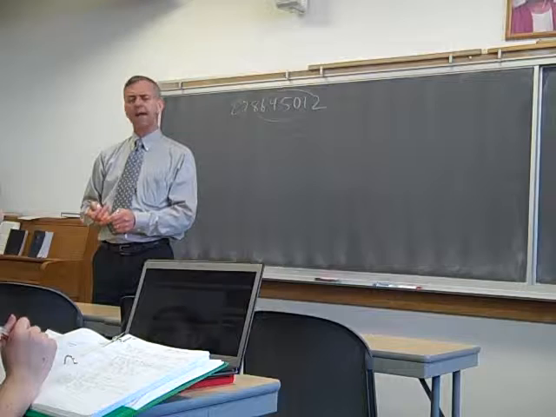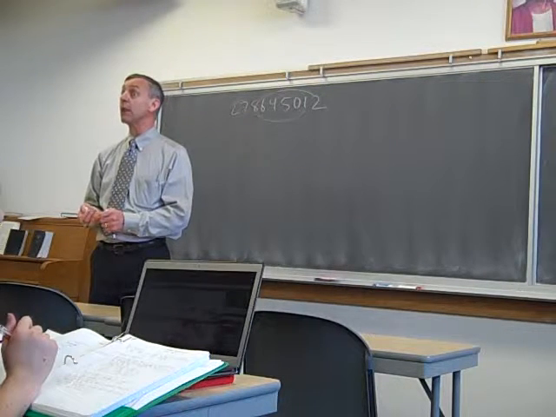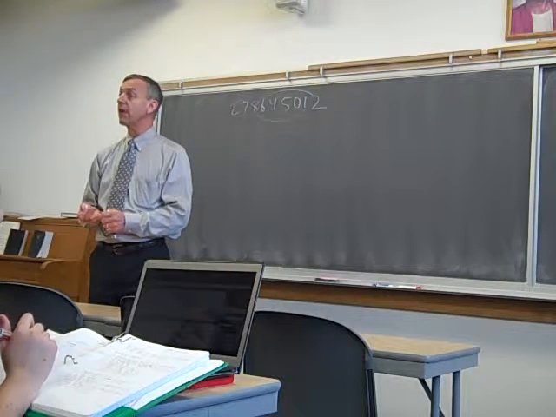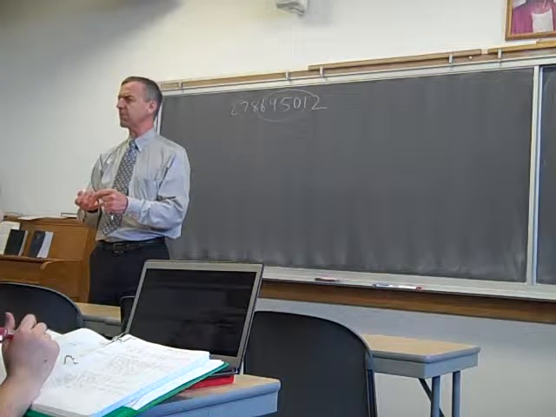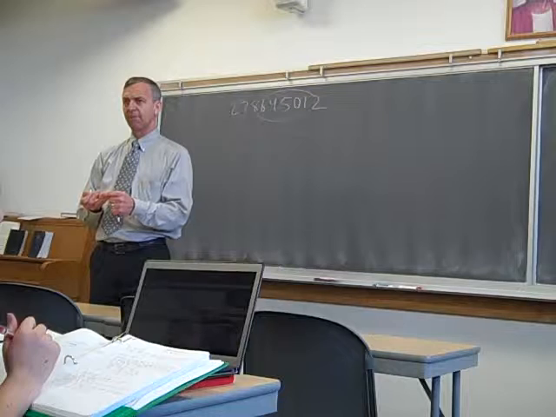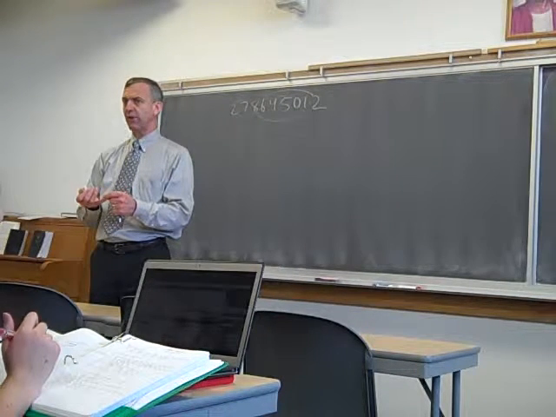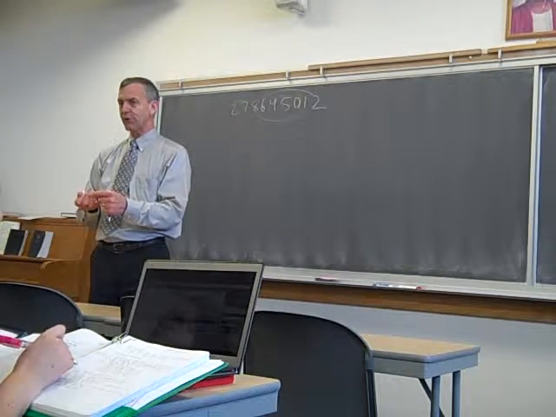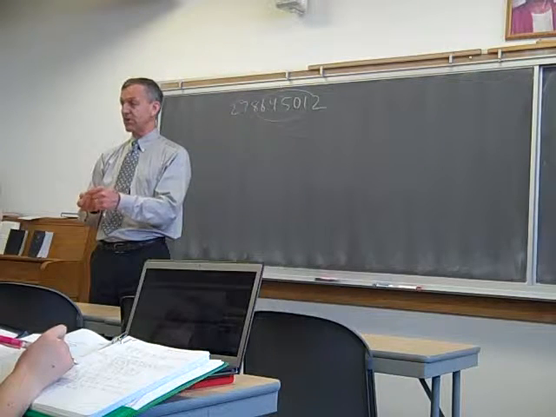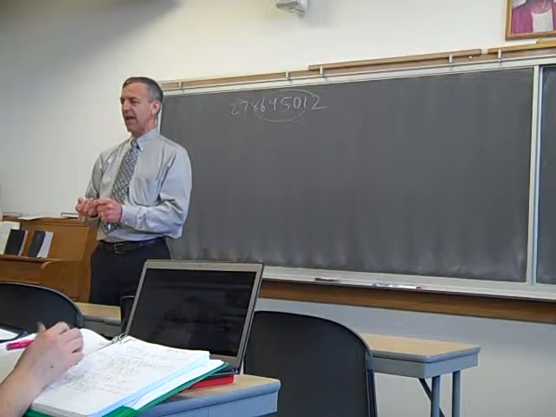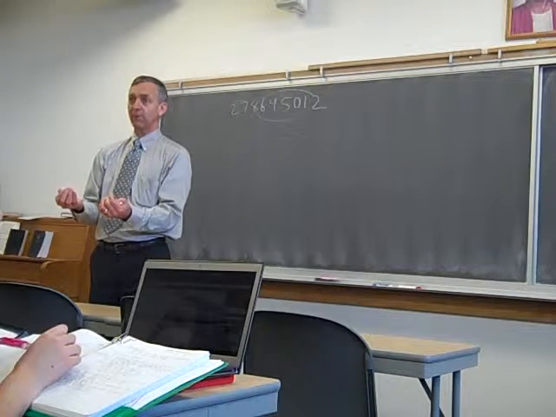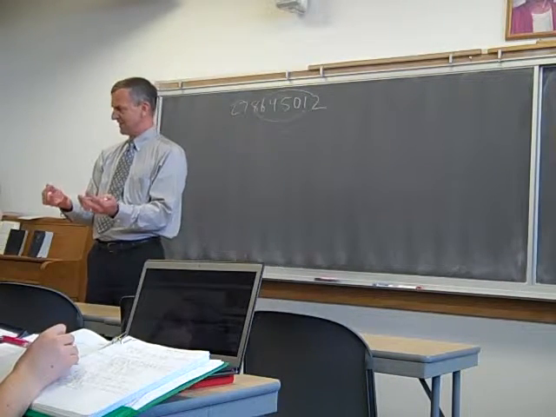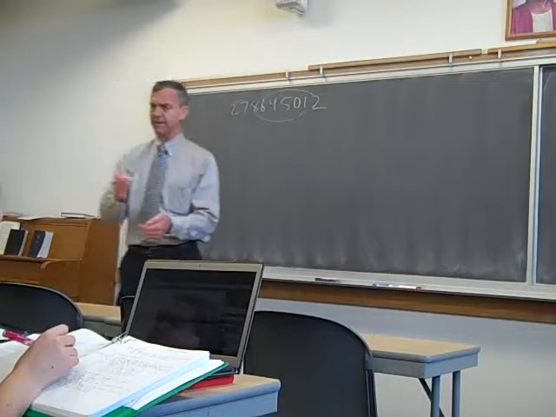Well, 10 is exactly the same as 6, just check for what? 2 and 5. So if it works for 2 and it works for 5, now remember 5 is what? It ends in 5 or 0. 2 is it ends in 0, 2, 4, 6, or 8. And if it fits both of those, then it's going to fit 10. Well, both of them means it ends in 0. But do you see how it applies to 6?